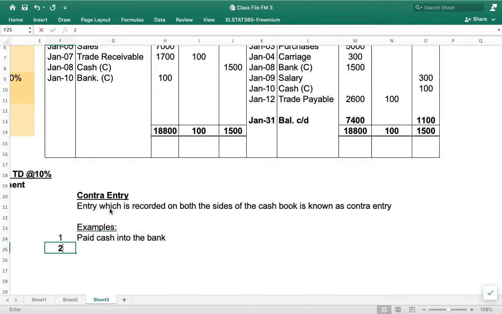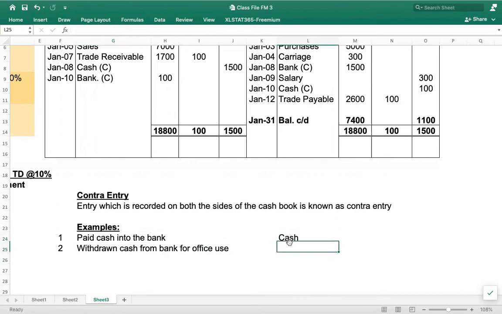And second one is withdrawn cash from bank for office use. So these are the 2 examples. In both transactions, both cash and bank accounts are affected. So whenever in any transaction cash and bank are both affected together, then contra entry will be there.